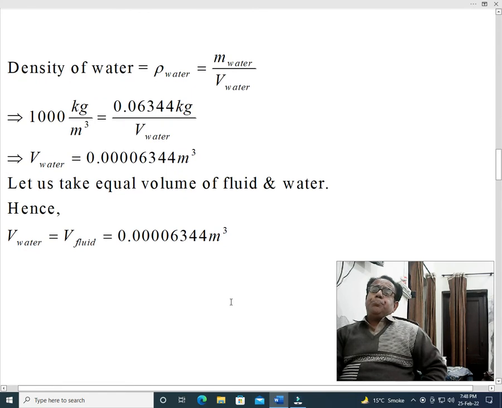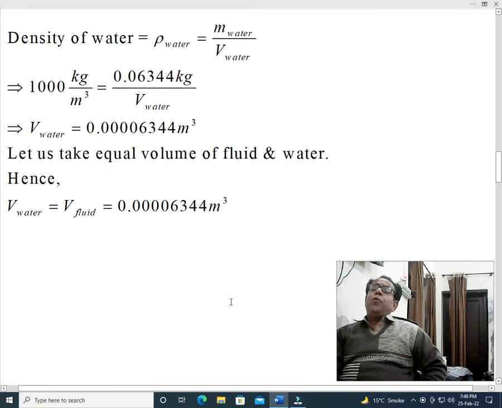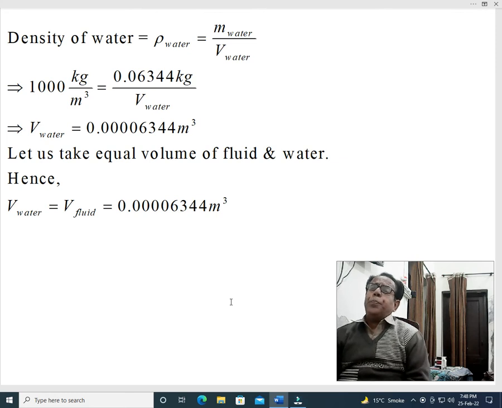Now, density of water, rho water, where water is written as a subscript of rho, is equal to mass of water over volume of water.